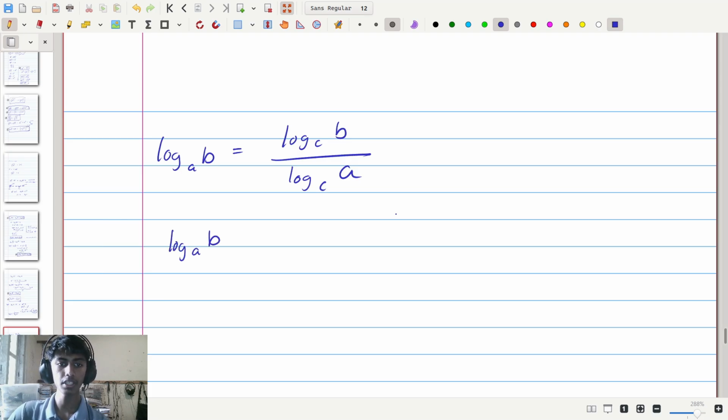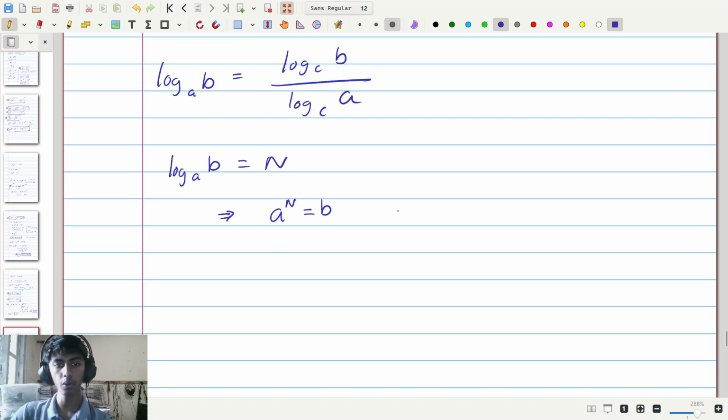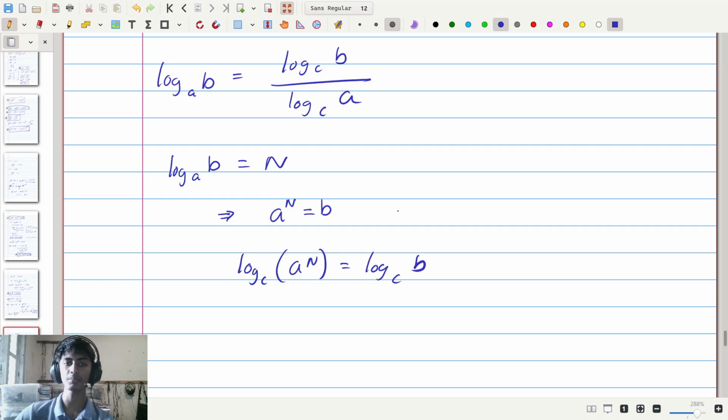If we write log base a of b equal to some n, what this implies is that a to the n is equal to b. Taking the logarithm of some other base on both sides, we get log base c of a to the n is equal to log base c of b for some valid c.